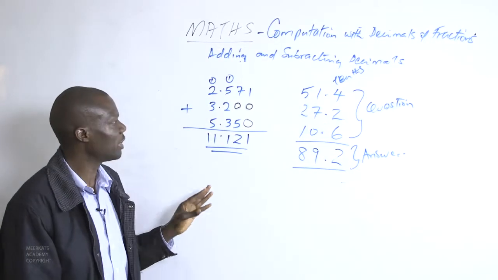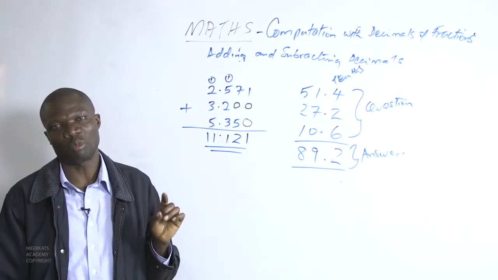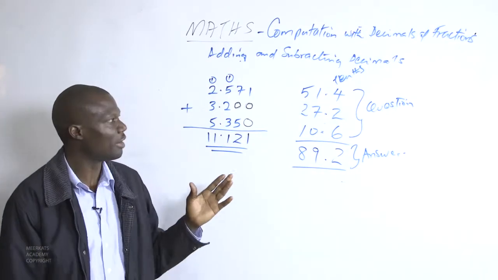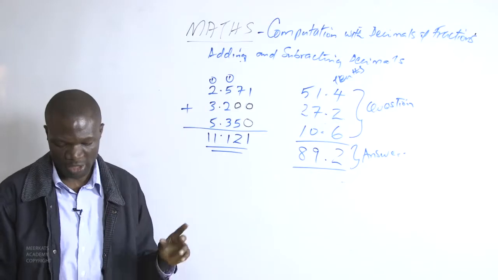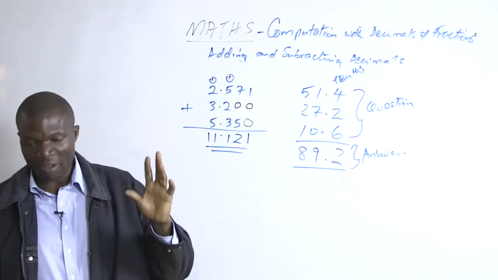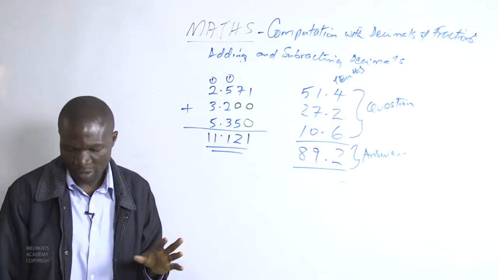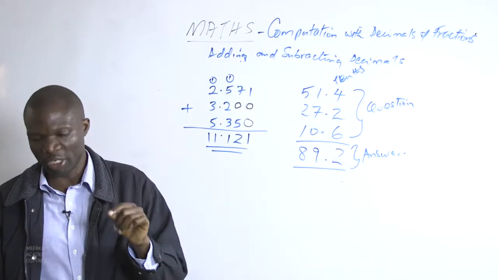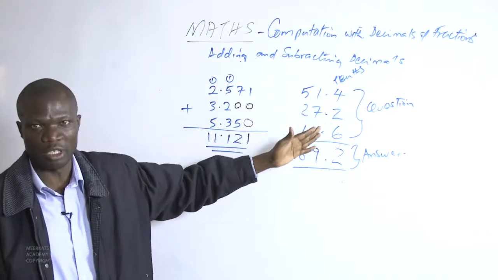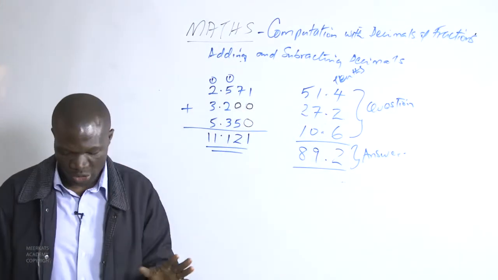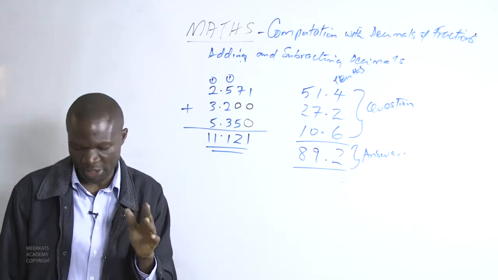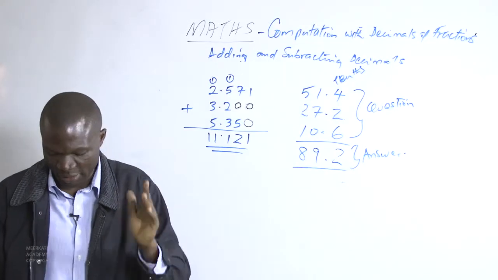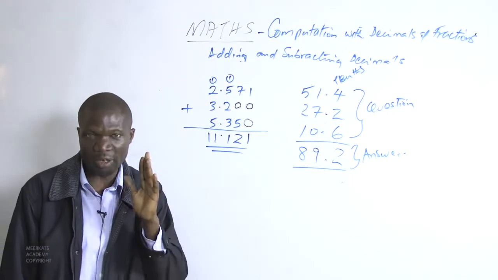So we are saying that there are basically 4 points that we need to know when adding and subtracting these numbers. As we said, just to remind ourselves, when adding decimals, each of the decimal places and the decimal point is aligned the way we saw earlier, and the decimal point of the question and the answer must be directly below each other.